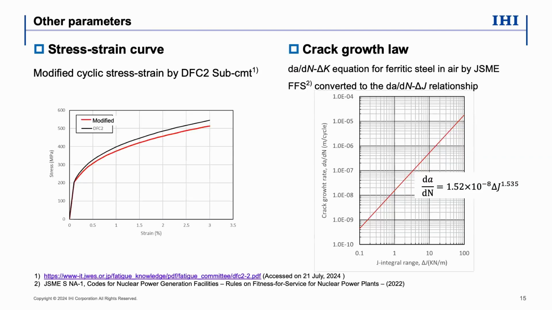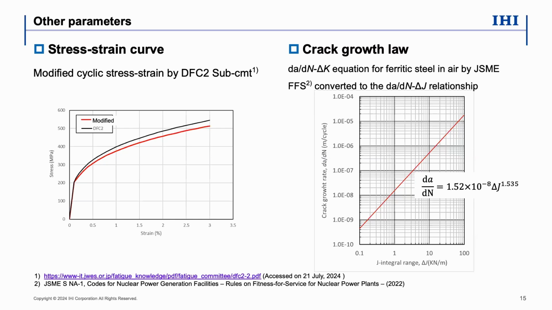As for the stress strain curve, we used the cyclic stress strain curve by another subcommittee, the Japanese subcommittee on design fatigue curve, and we modified it as shown here. We used this curve.